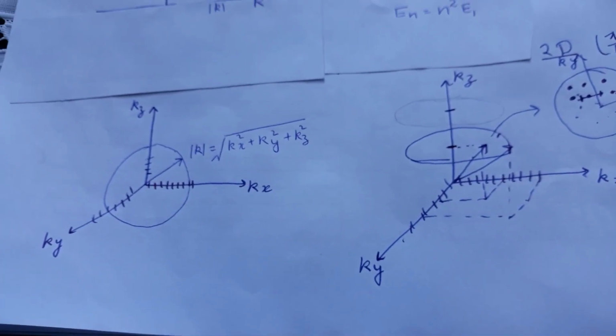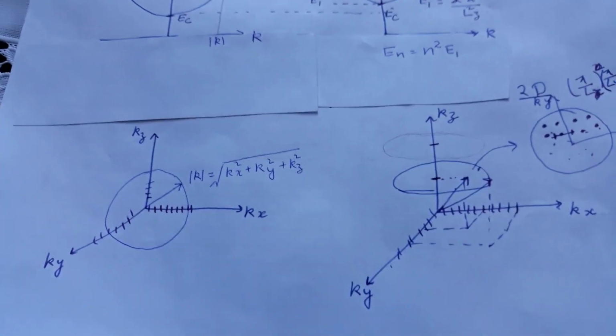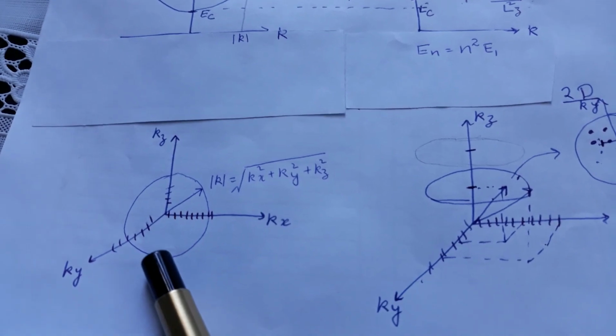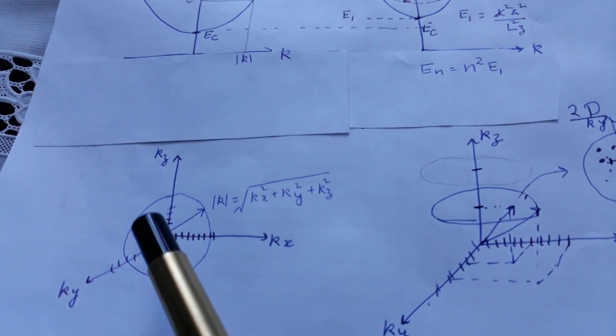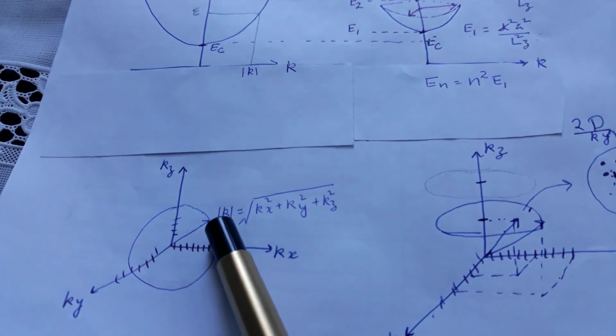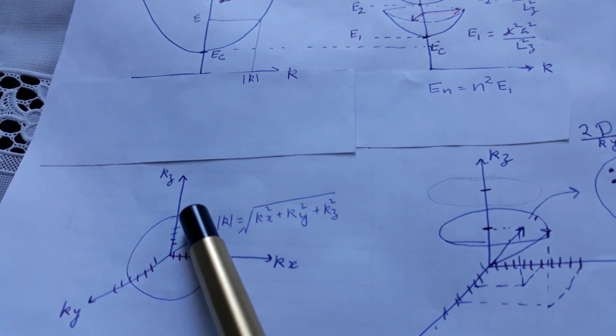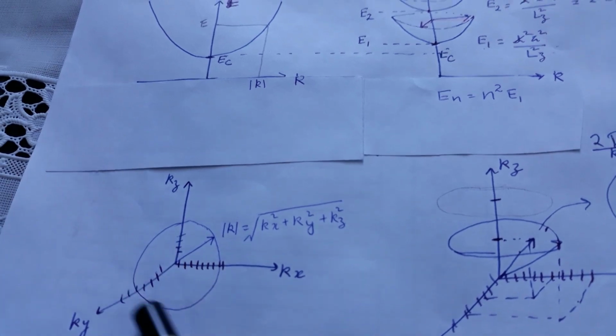So in k-space, if we draw in the k-space, we know that in bulk all the k values will be allowed, and it will be continuous energy values, while the equal energy surface on this k diagram will be a sphere.